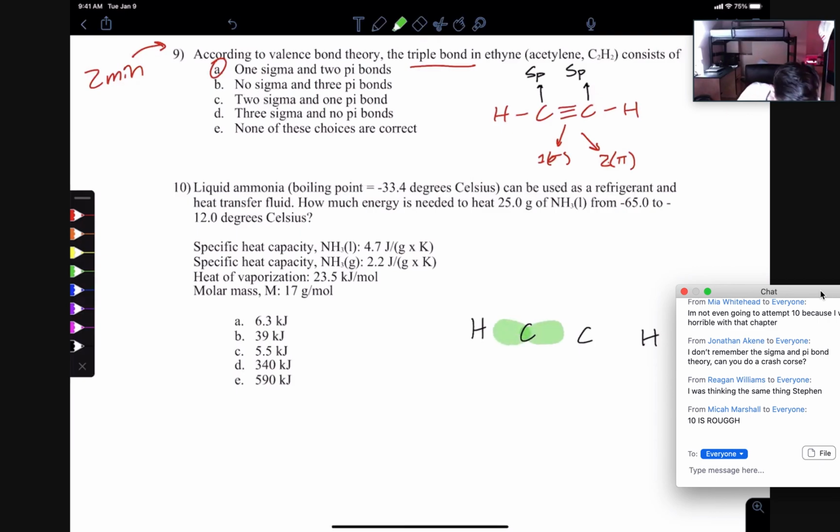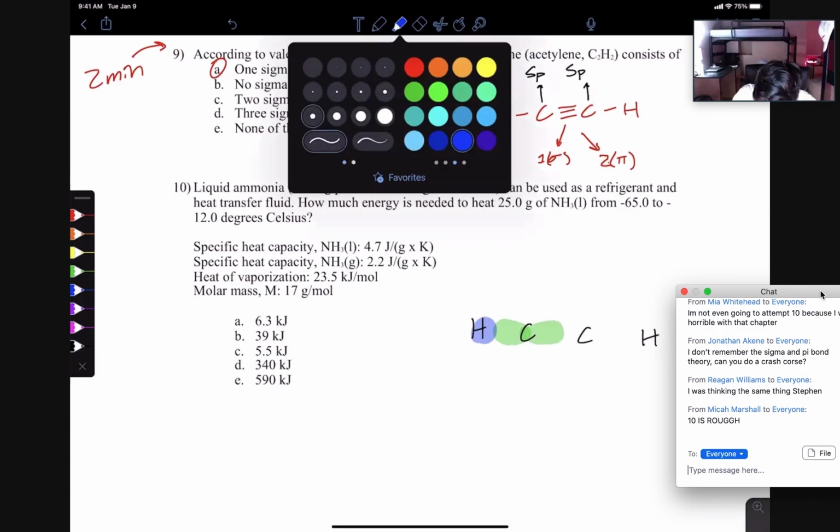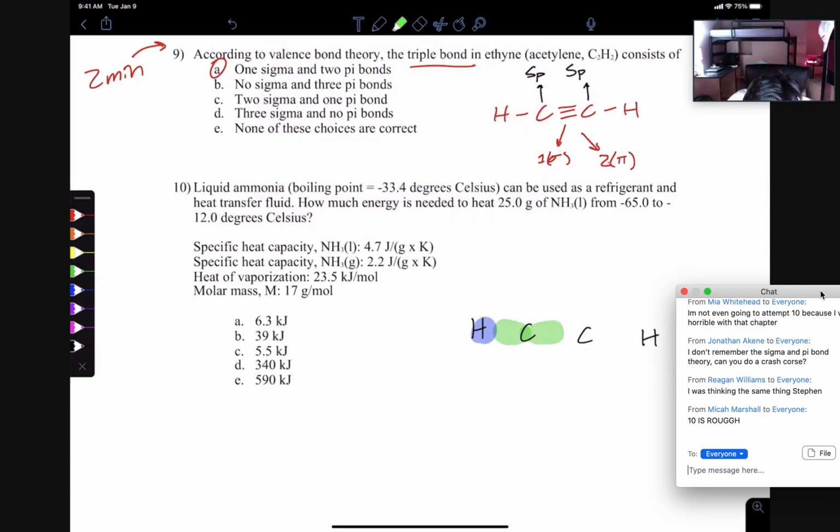The 1s orbitals of hydrogen are going to bond to those sp hybridized orbitals on carbon. But those 2 carbon atoms are going to bond with their respective sp hybridized orbitals.